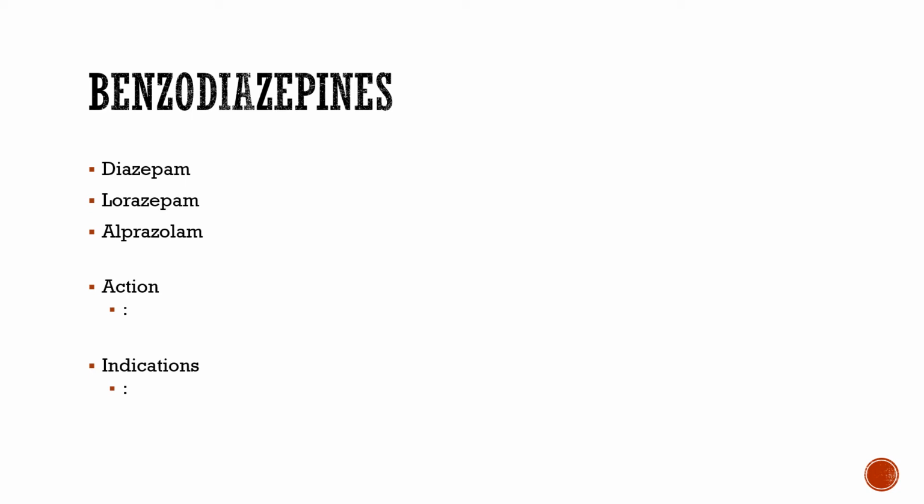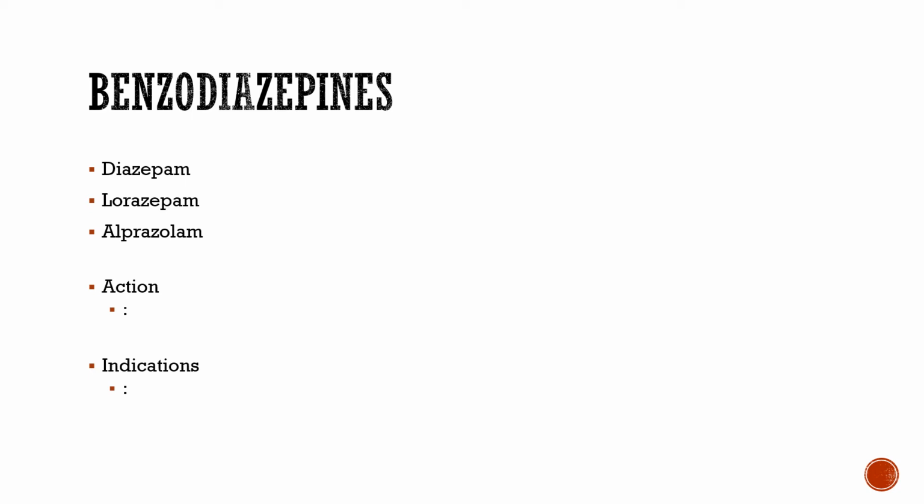Diazepam, that's your Valium. Lorazepam, that's your Ativan. Alprazolam, that's your Xanax. There's others, clonazepam, midazolam. There's a bunch of others. They usually end in PAM or LAM. I can't think of any that don't.